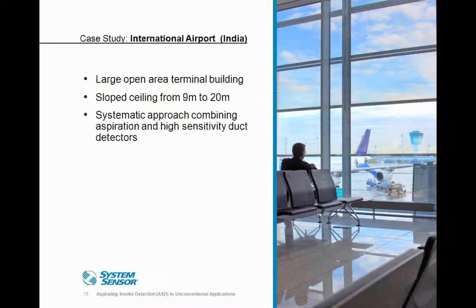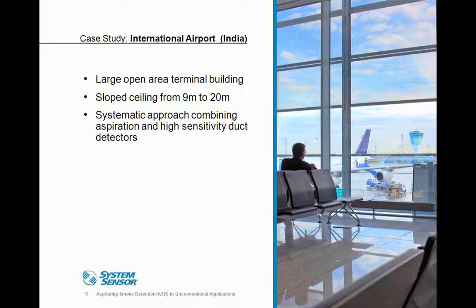A real application that employed this practice is a new airport in India that selected FAAST to protect its large open terminal building. Many of you can imagine an airport, and many of them have large open spaces that are very challenging for standard detection. This terminal also has large sloped glass ceilings in which the height grows from 30 to 65 feet.